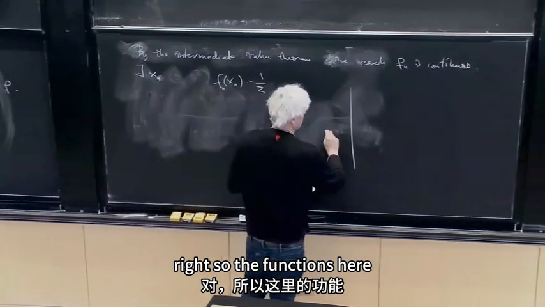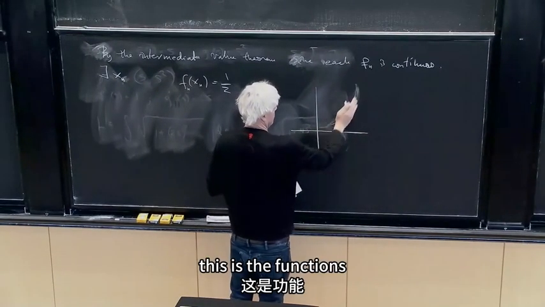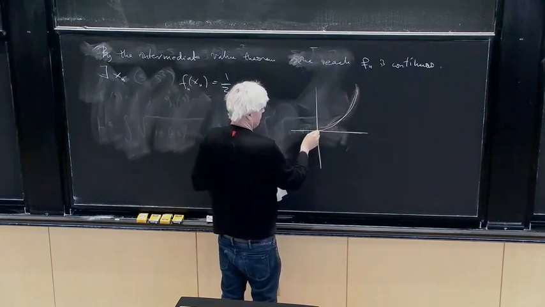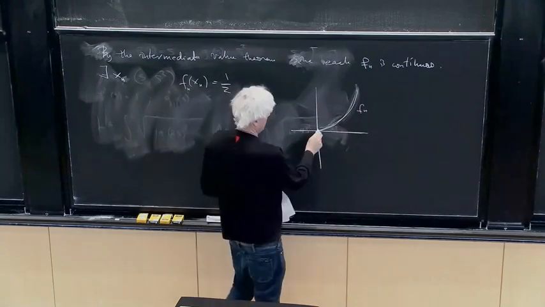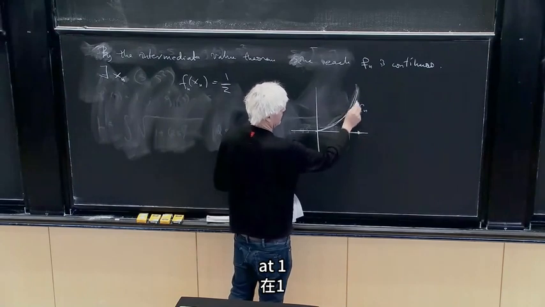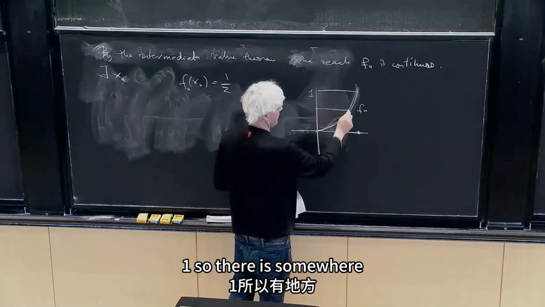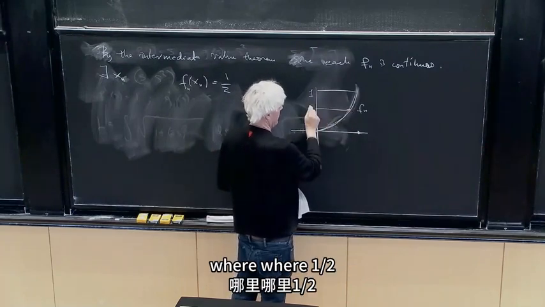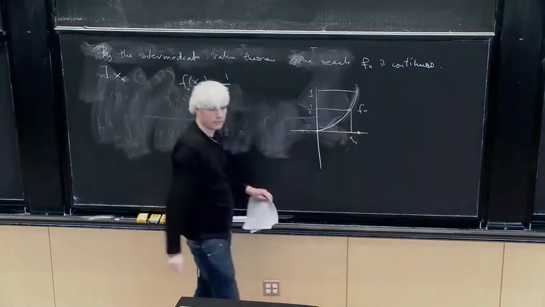So this is the function Fn. At 0, it takes a value of 0. At 1, it takes a value 1. So there is somewhere where a half is achieved, and this is at this xn.